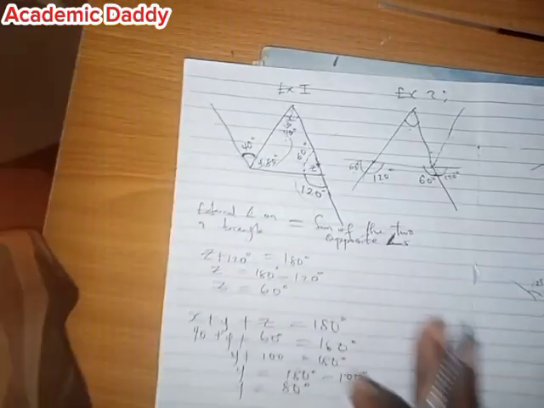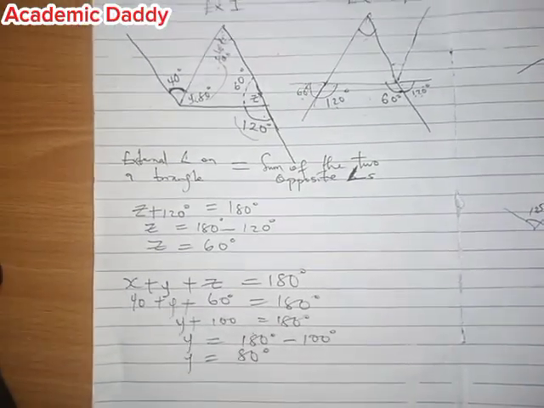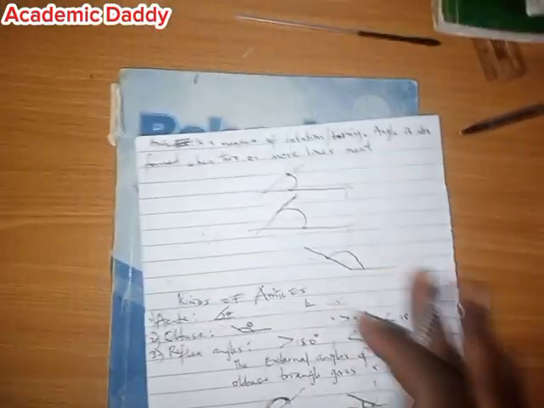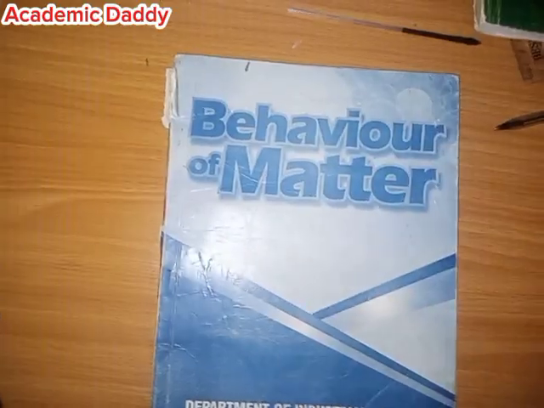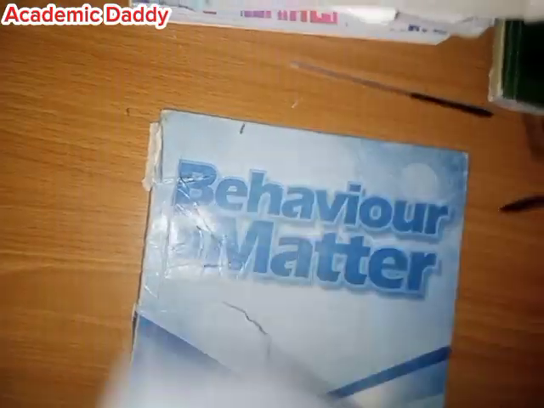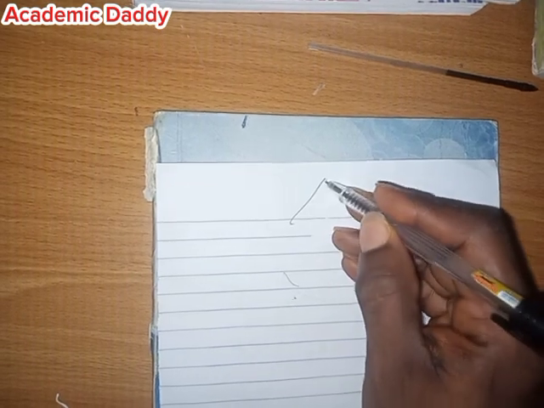So let's find a proper question rather than just getting questions from our head. In our next class we're going to be doing triangles. So let's say we are given this.